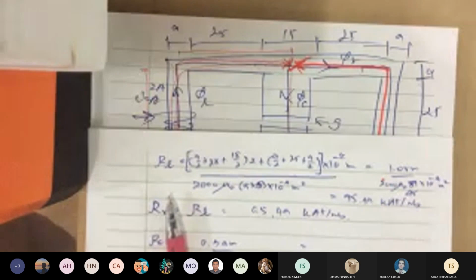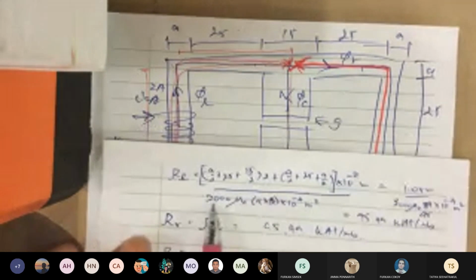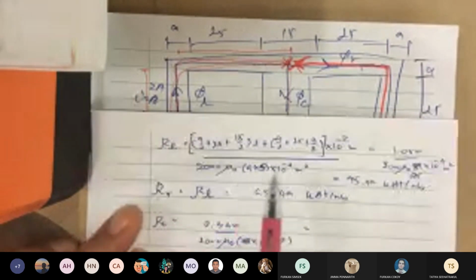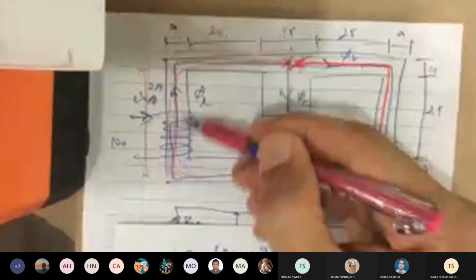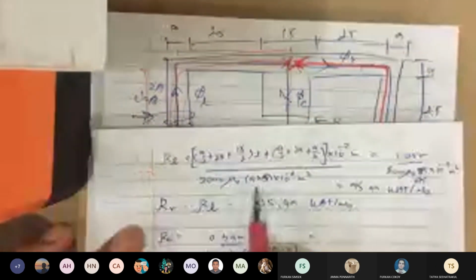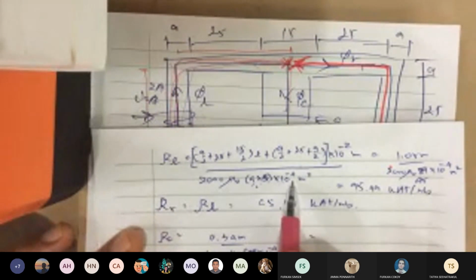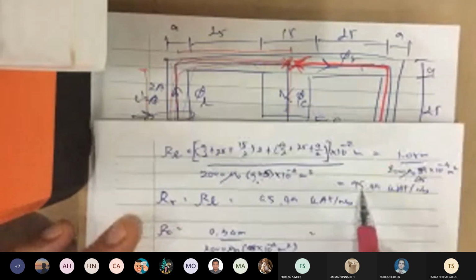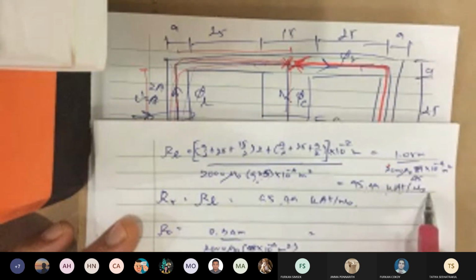And remember, the reluctance is length divided by mu A. So my mu is mu R, 2000, times mu naught, and the cross-sectional area of this path only is 9 times 5, convert centimeters to meters, 10 to the negative 4th. Do that right, you should get about 95.49 kiloampere-turns per Weber.